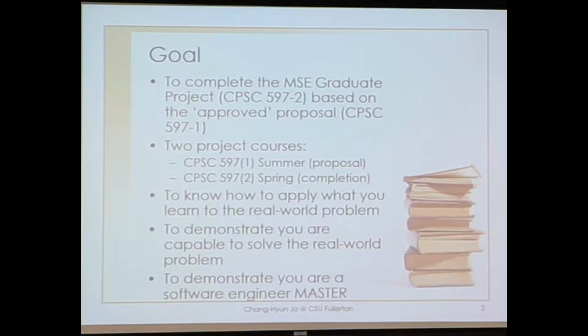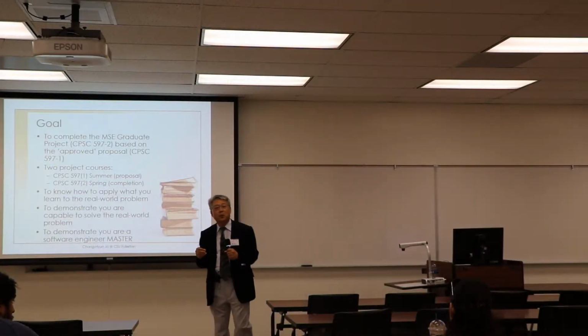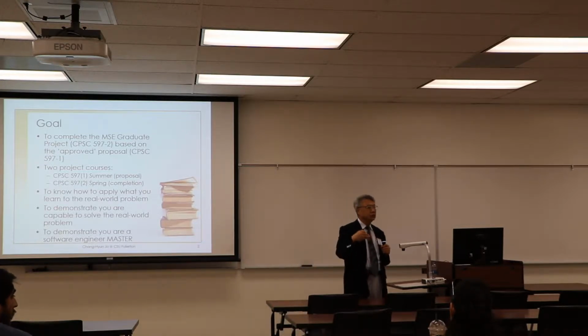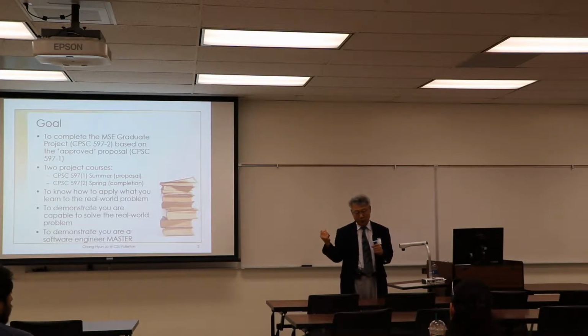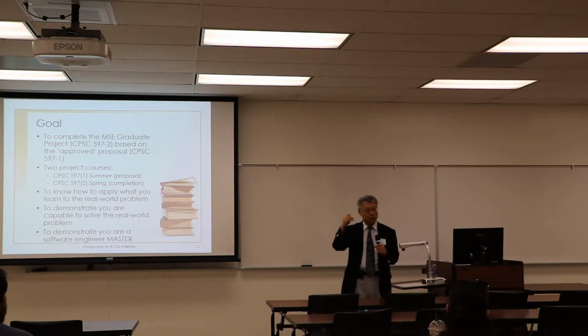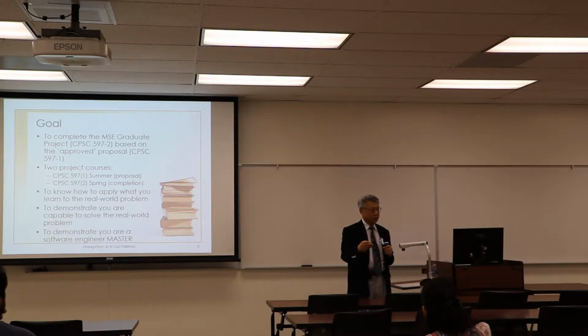If you have a C, which means your proposal was not properly approved, you should improve your proposal before you start a new project, okay? And get the approval first. Any questions for this part? Is it clear how the two courses are related and what you have to do? Okay?